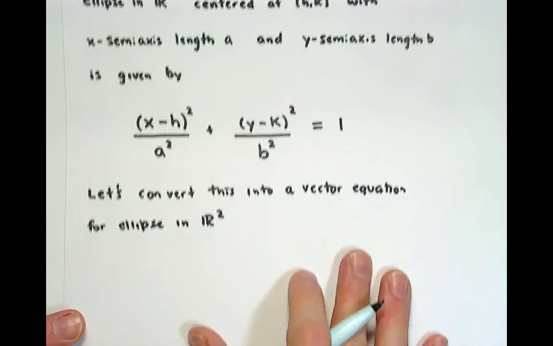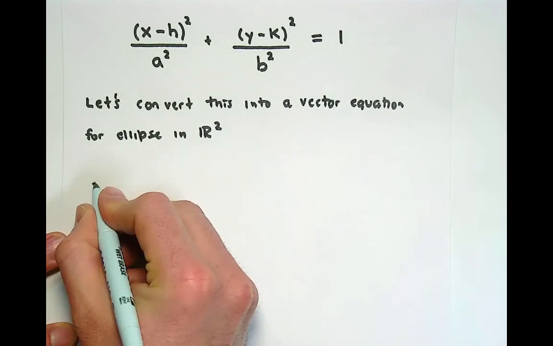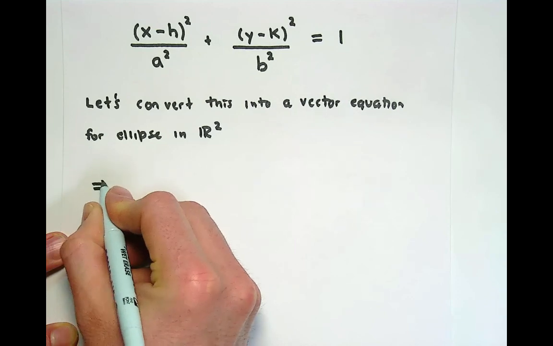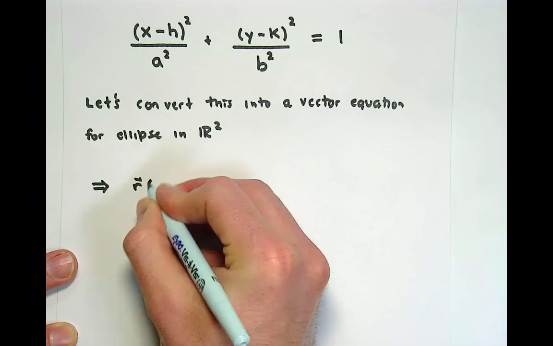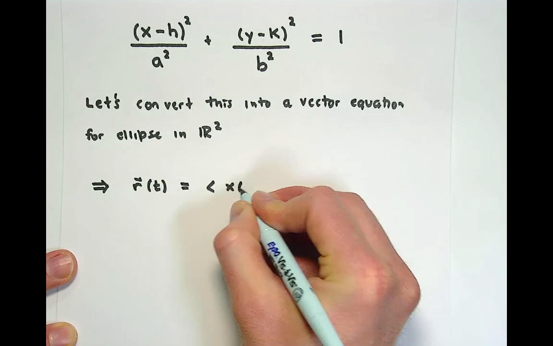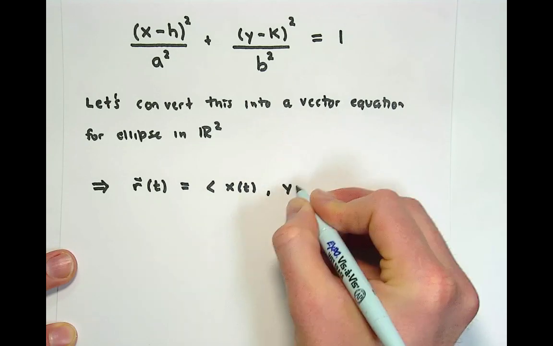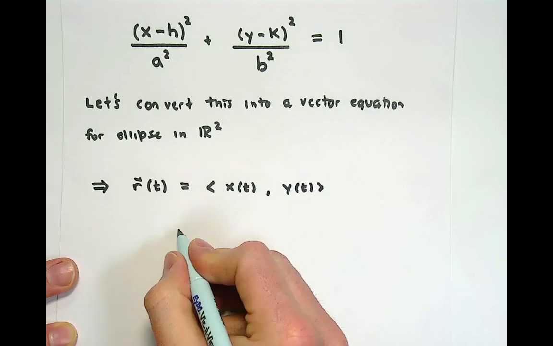And instead of deriving this, I might just let it drop from the sky. It's one of my least favorite things to do, but this is for exposure. So we write r of t. R of t will have two equations, one for the x coordinate and one for the y coordinate, each in terms of t.